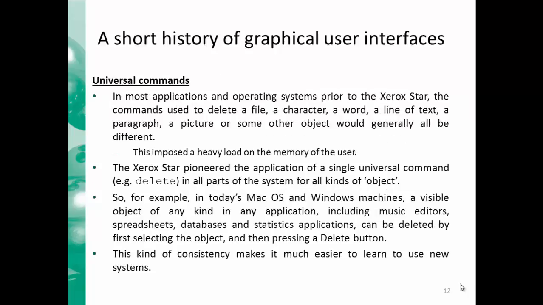Using universal commands is very important. So when we say delete, edit, copy, whether I am deleting a picture or deleting a file, I use the same command, delete. Copying a text file or an image file or a movie file is copying.